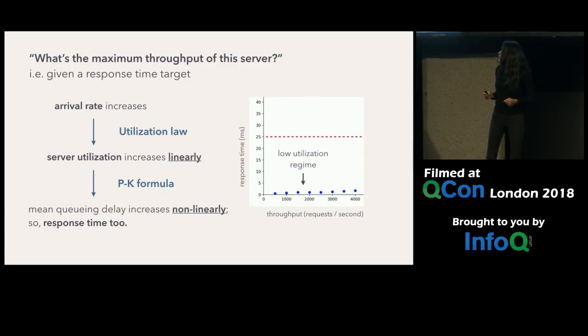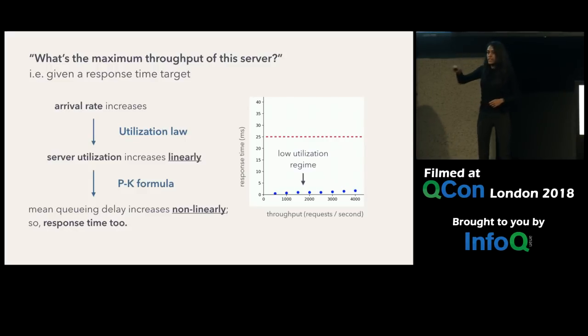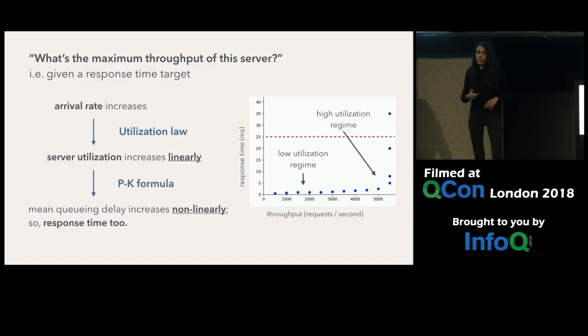What's the maximum throughput of the server? Well, what happens when we increase the arrival rate? We know that initially, in the low utilization regime, response time is going to remain approximately the same. But as soon as we're in the high utilization regime, the response time is going to start to hockey stick.